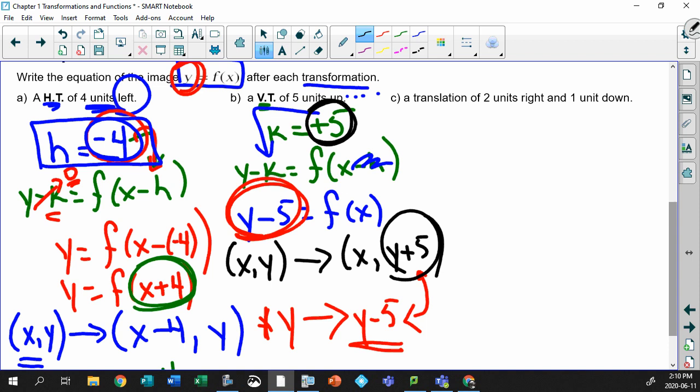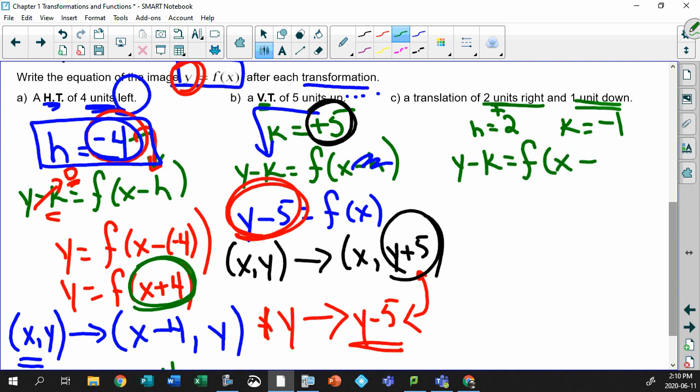Do you see it? Okay, let's do the last one. Ready? The translation is 2 units right, so my h is positive 2. 1 unit down, so my k is -1. Look at your original: y minus k equals f of x minus h. Throw the values in there.